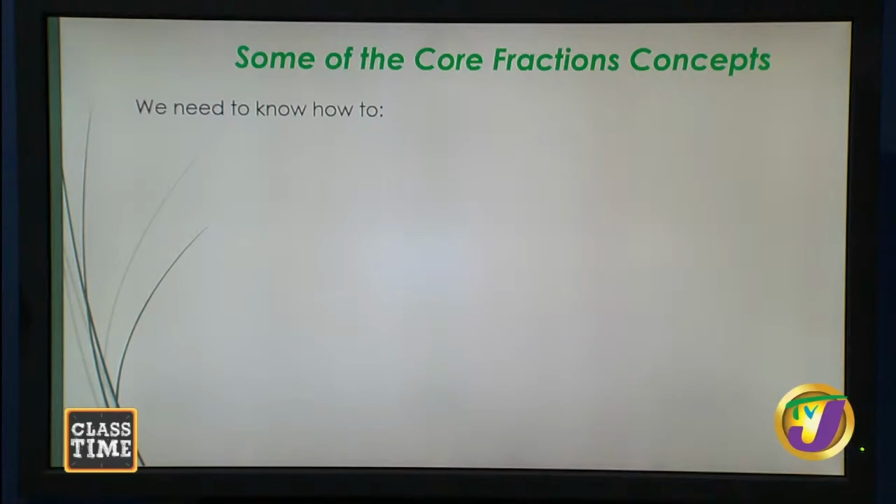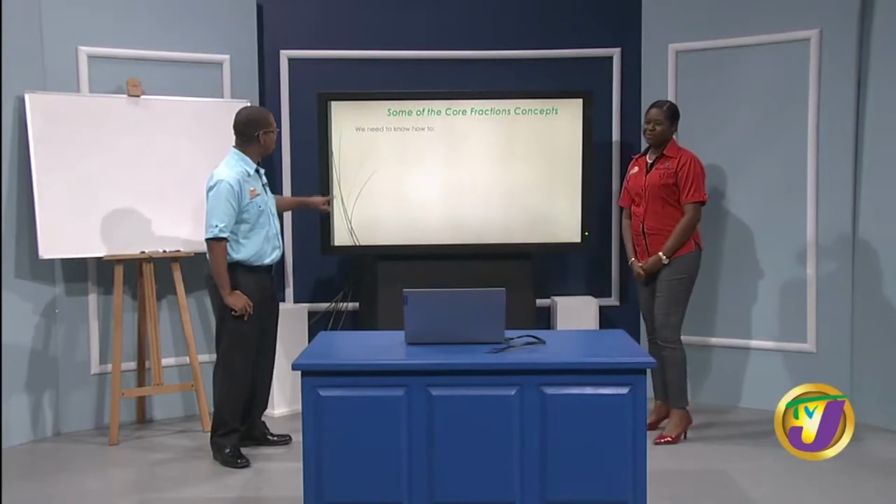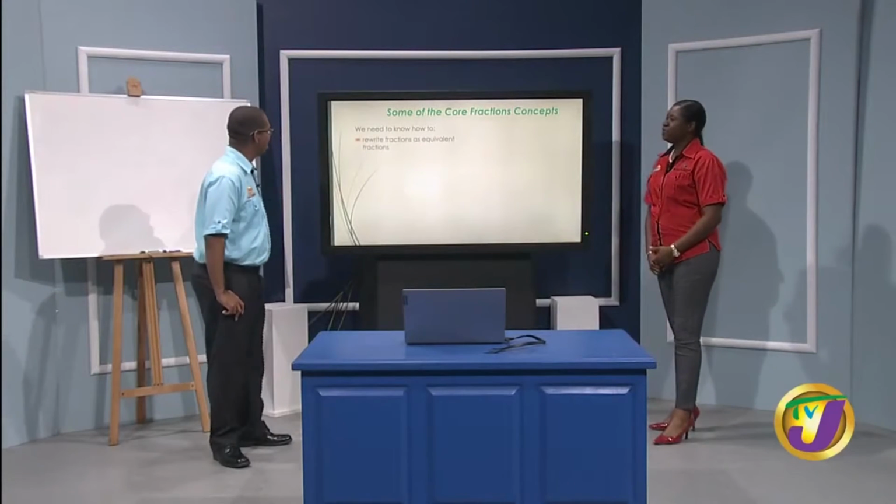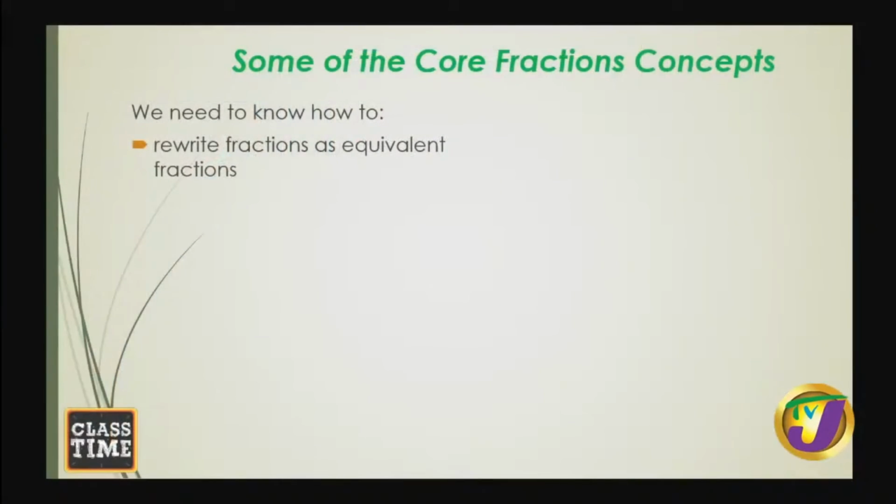Okay. So let us look at some of the core fractions concepts that you would need to know. Firstly, you would need to know how to rewrite fractions as equivalent fractions. We're looking at these 2 examples. Firstly, we're going to be reducing the first fraction to an equivalent fraction in the lowest terms.